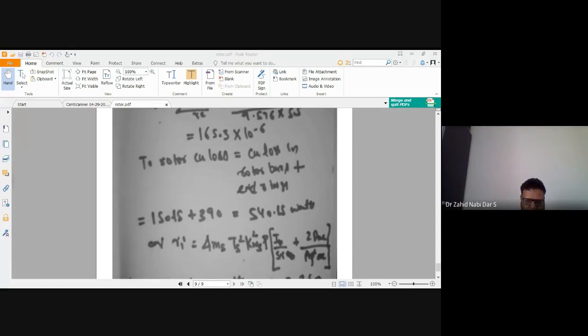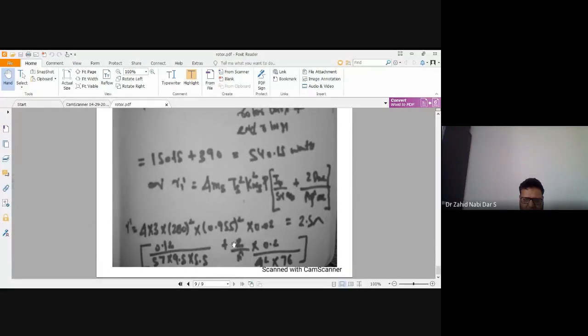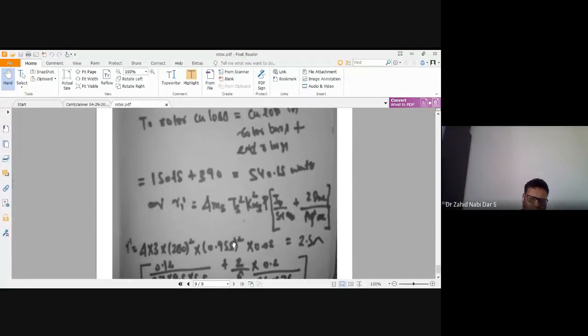Okay. So what we are going to do after this is convert this to rotor resistance per phase. We have this formula directly. We substitute the values 4 into 3. TS is 280, which we have calculated, squared.